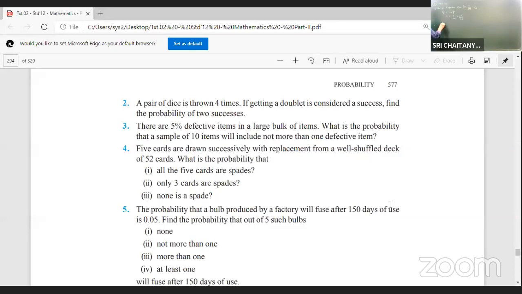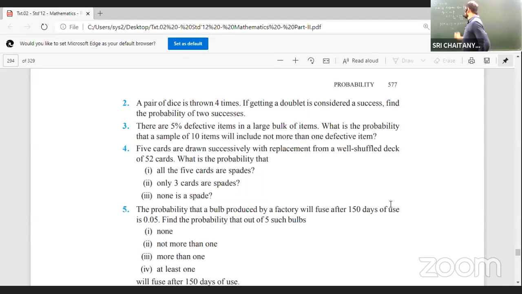He asked you to find out not more than 1. Not more than once means 0 and 1. That means less than or equal to 1, which is equal to 0 and 1, which is nothing but P of x is equal to 0 plus P of x is equal to 1.